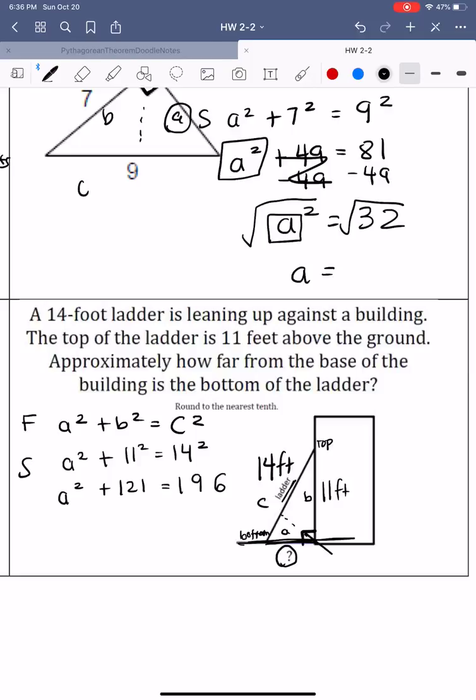And then we have to solve by subtracting 121 from both sides, because we have to get this a squared by itself. A squared equals 6 minus 1 is 5, 9 minus 2 is 7. A squared equals 75, and up here it says to round to the nearest tenth. So the tenth equals 1 decimal place.